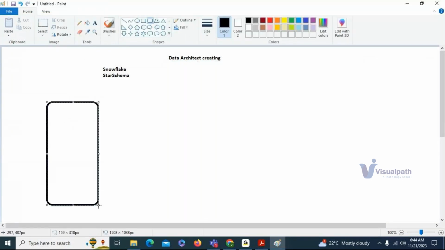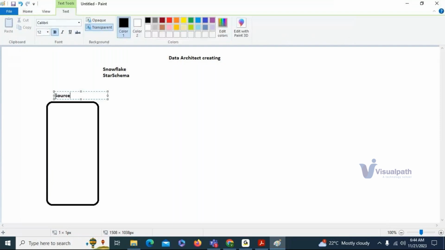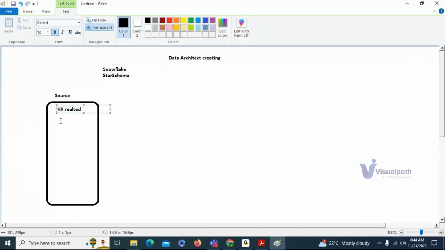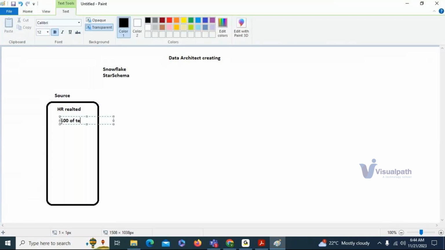You have HR related information in any organization. Now you will have a source. Let's say you are using Oracle, Salesforce, Microsoft Dynamics, or SAP. They have HR related tables, hundreds of tables.